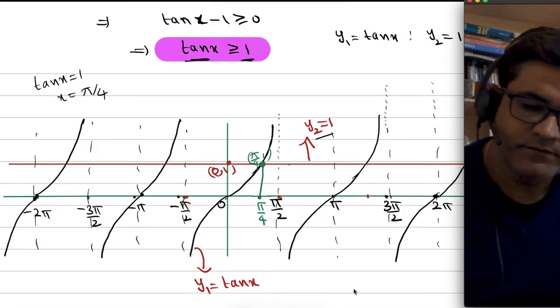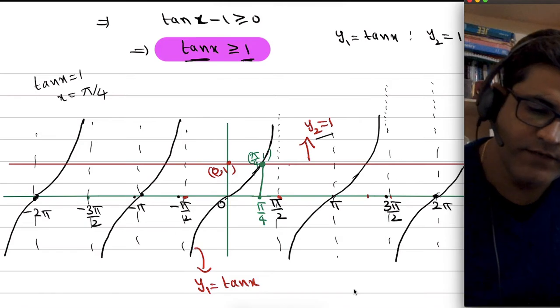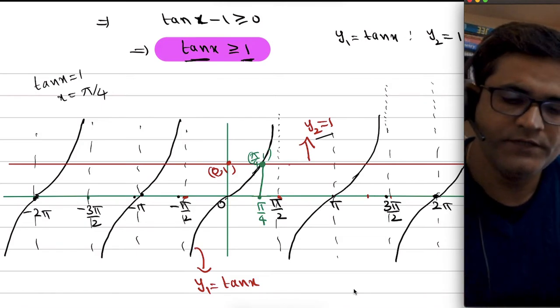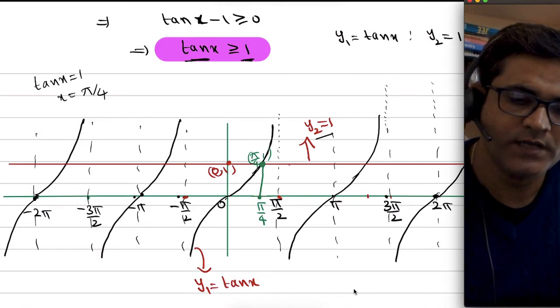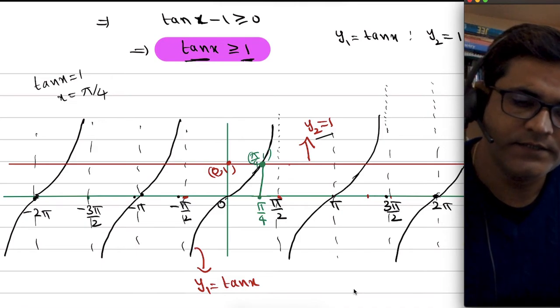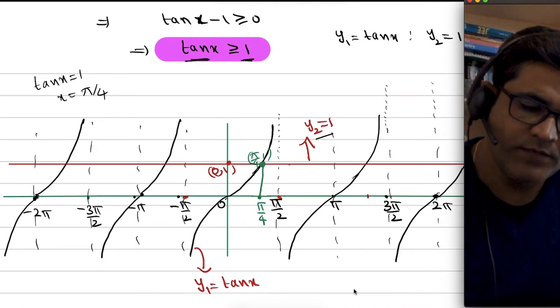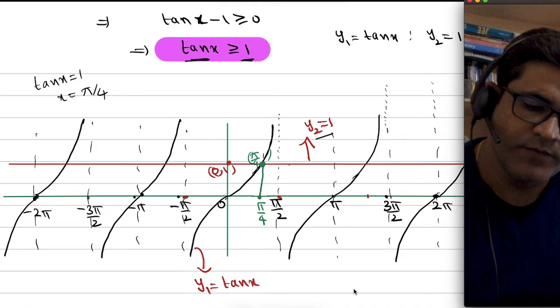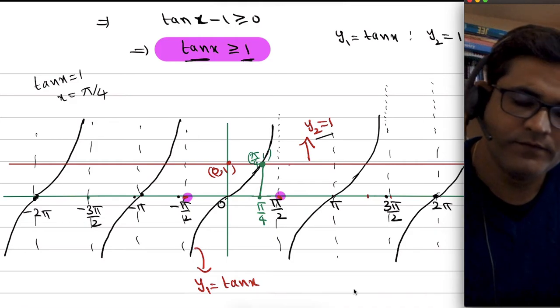Now if you observe the graph carefully, in the interval from minus pi by 2 to pi by 2, in which interval is the tan x graph above the line, including tan x equal to 1? In this interval, tan x is equal to 1 at pi by 4.